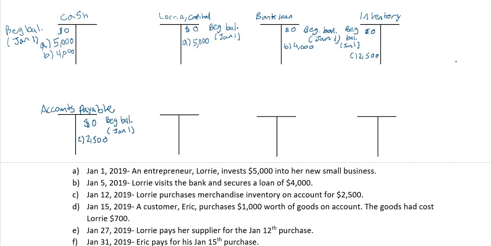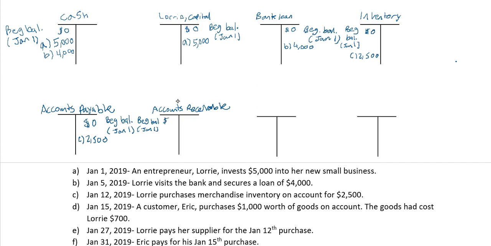The first thing we will do is make our accounts receivable T account. And once again, we'll have a little bit of a crunch here as we squeeze in a beginning balance. Not too bad this time.